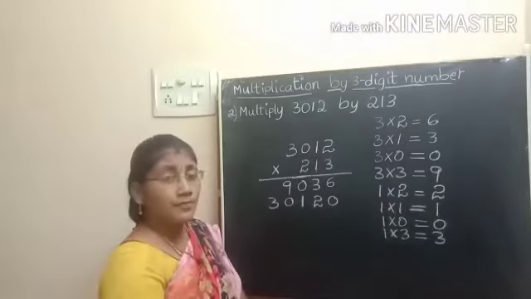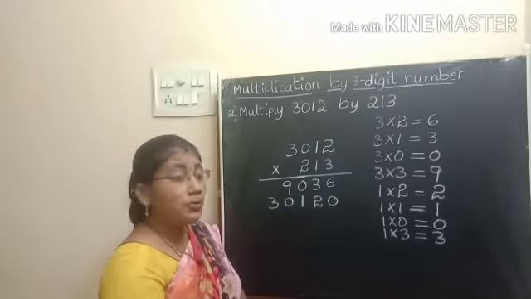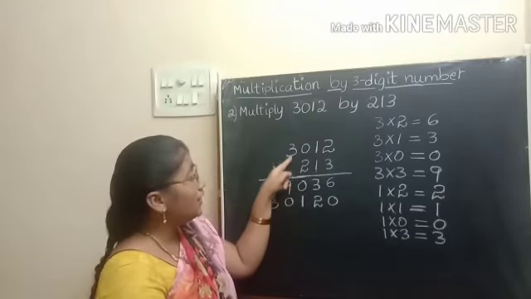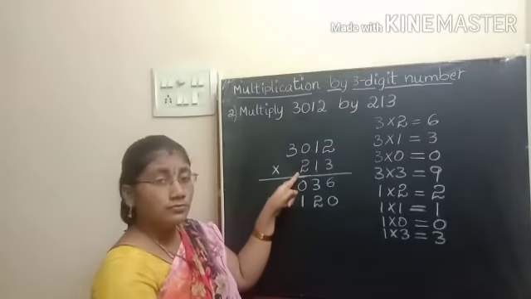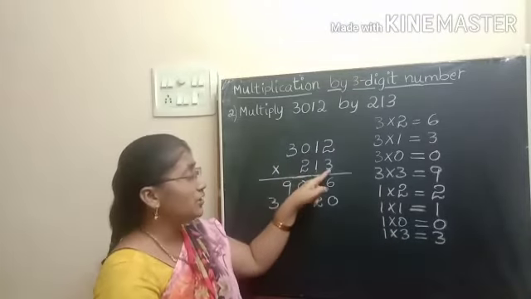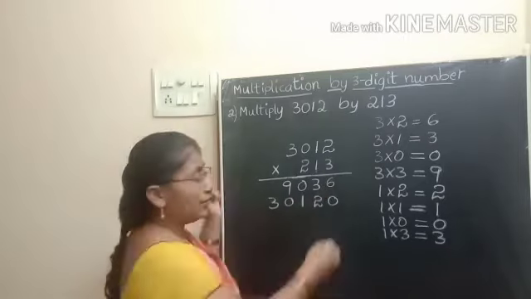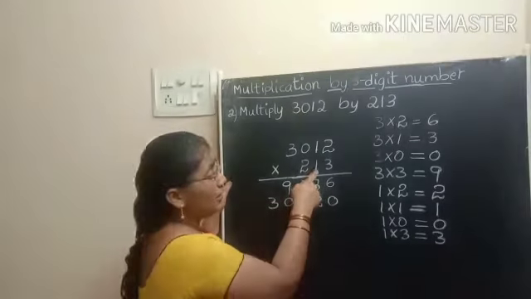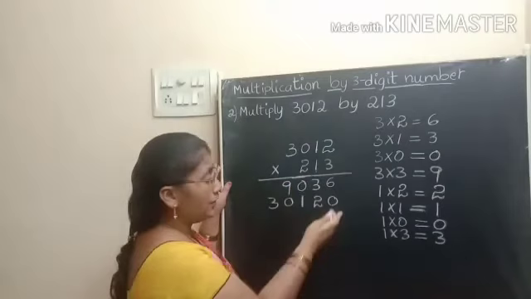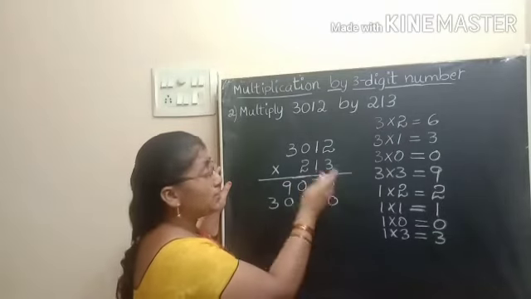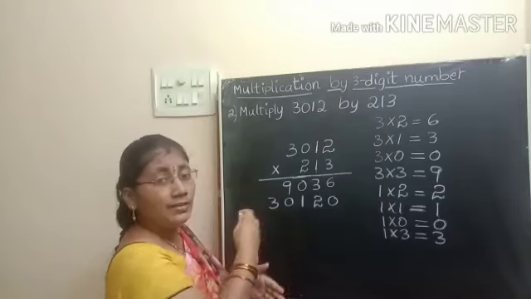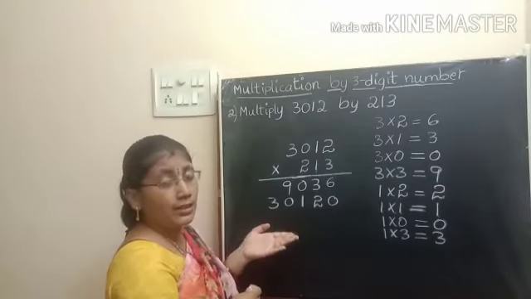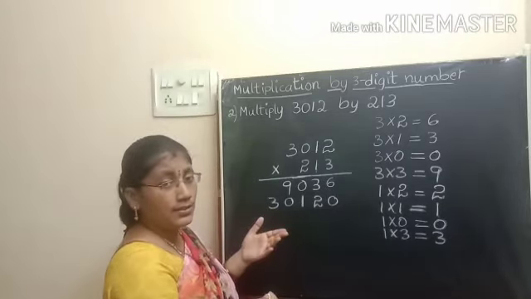Understood, children? Now we have to multiply each and every digit of the multiplicand with 2. Here multiplication with 3 is completed. We get this result. Multiplication with 1 is also completed. We get this result. Next we have to multiply with 2. Then we will get another line as a result.